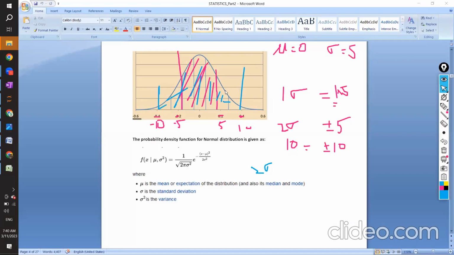When someone says standard deviation, it is plus or minus. So if I ask you three standard deviations, it will be plus or minus 15, the whole area. Clear, guys?